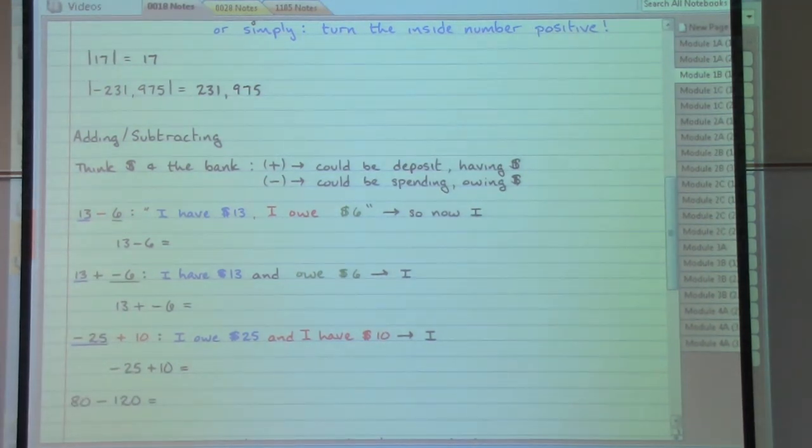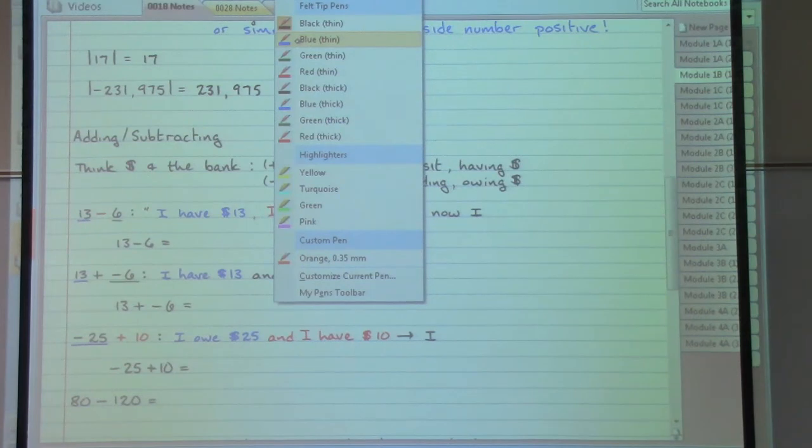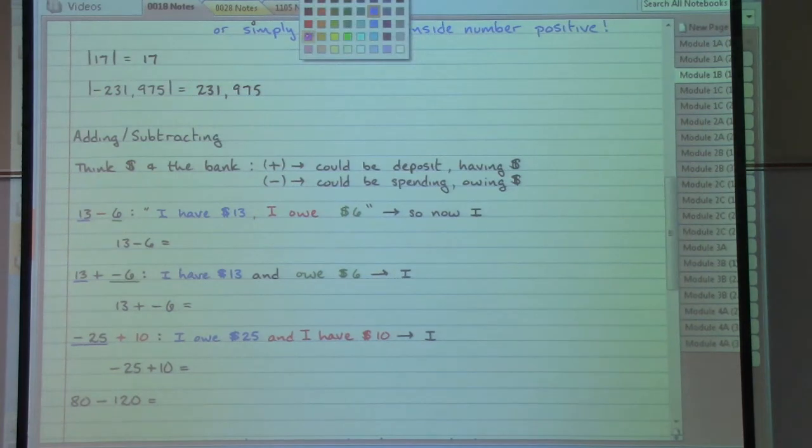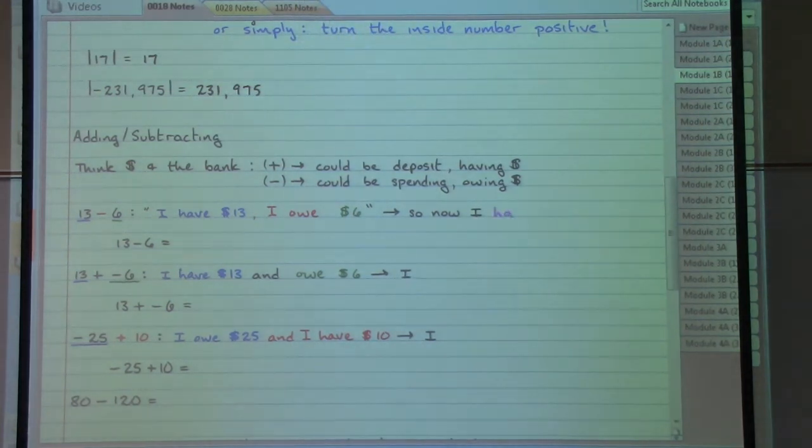What I now have, let's use a different color, is going to be based on, well, we started with 13, we went ahead and paid off 6, we've got 7, it's literally money that we have. I have 7. So having money means positive. So our final answer here, positive 7.